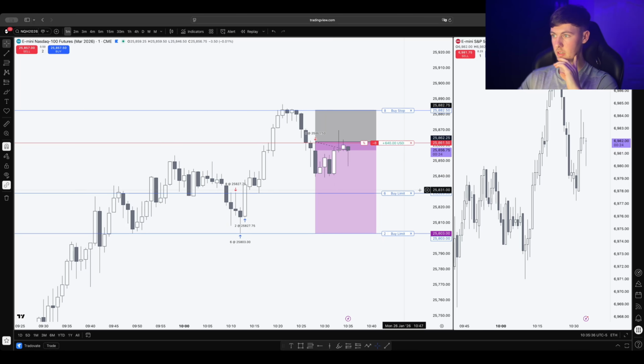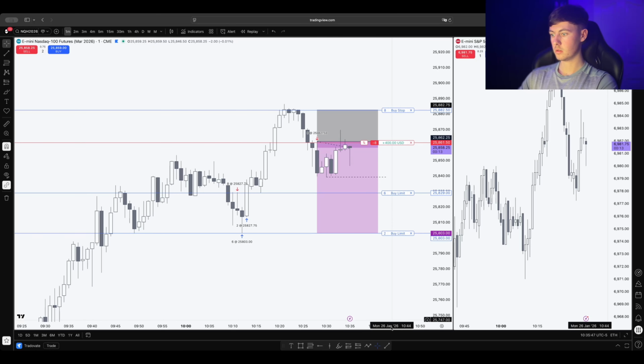But yeah, I want to see this BISI get ran through. Don't want to see that gap get respected. And then I want to see us break below this low before we go break even on the trade.